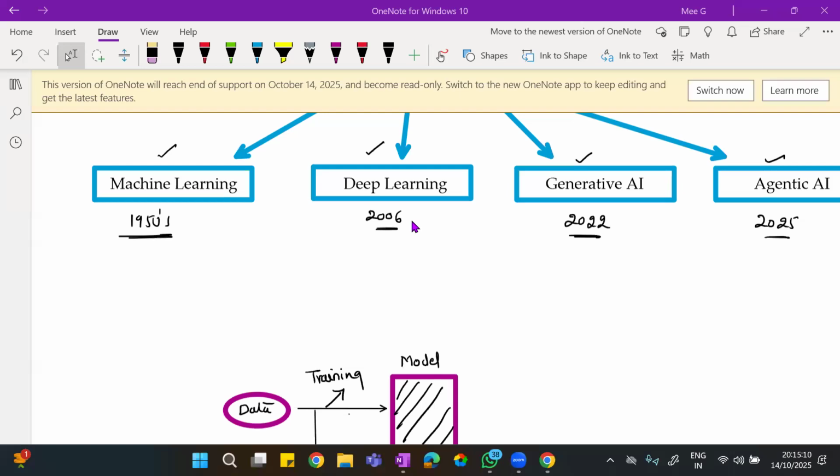Intelligence is nothing but an expertise level in one sector. Take any particular sector, the more and more knowledge you have in that sector, that is called intelligence. That is your expertise level in one sector.